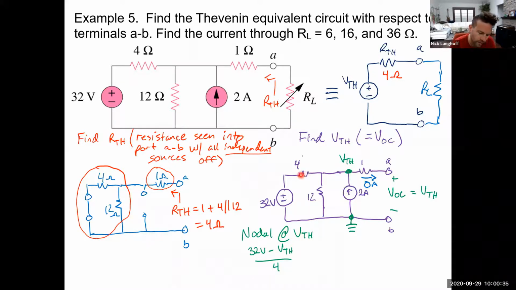That's through the 4 ohm path. Then through the 12 ohm path is going to be plus 0 minus V Thevenin over 12. And then you've got this 2 amp current source going in here, plus 2 amps, all equal to 0. And if you solve that, you'll find that V Thevenin is equal to 30 volts.